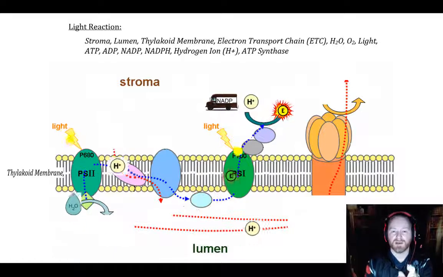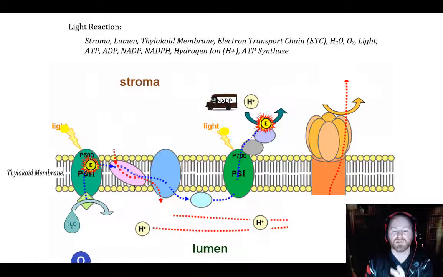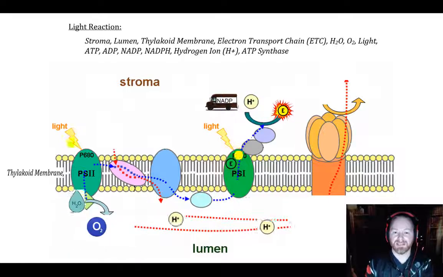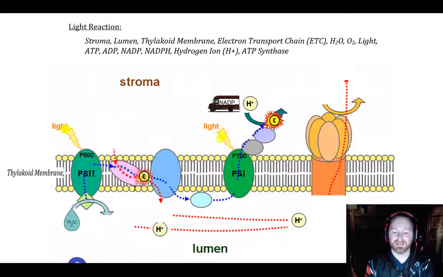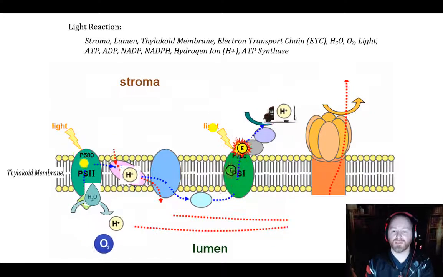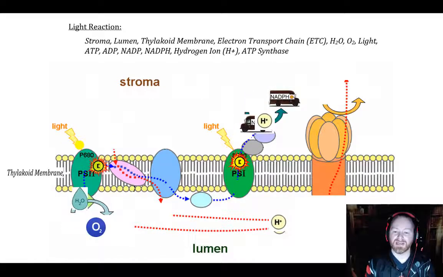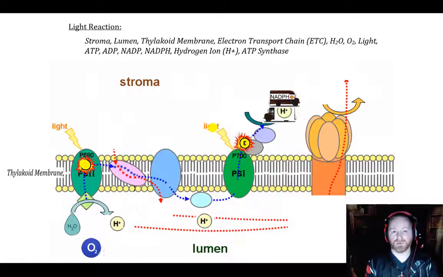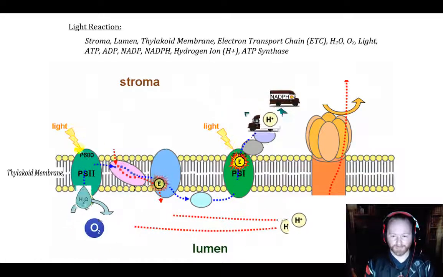When you take the electron and put it with that hydrogen ion, a proton, you make hydrogen. That hydrogen will then attach to the NADP to form NADPH. So all these things working together produce the NADPH that we get as the result of the light-dependent reaction.